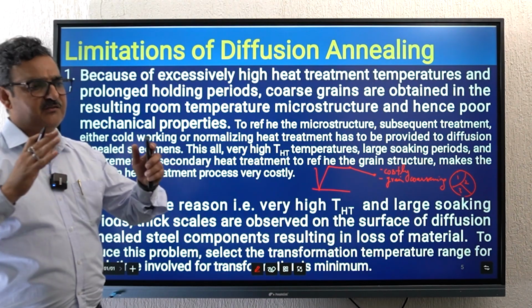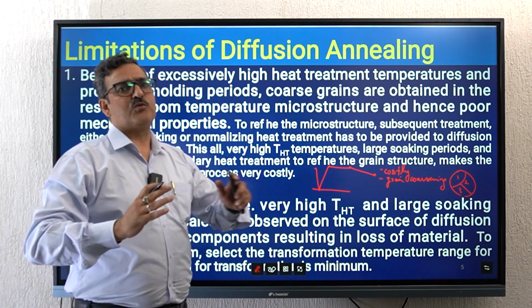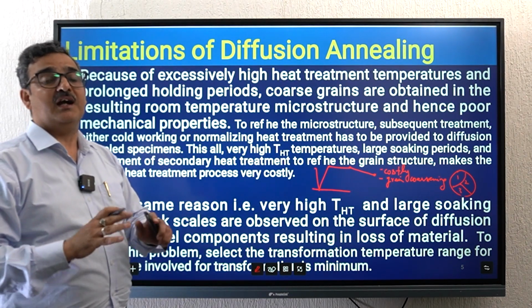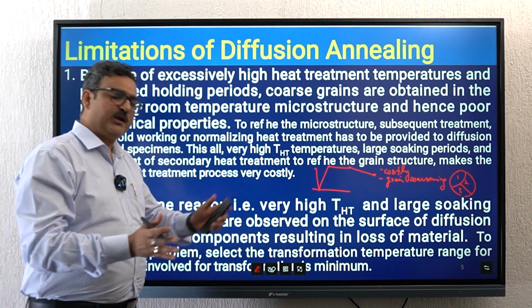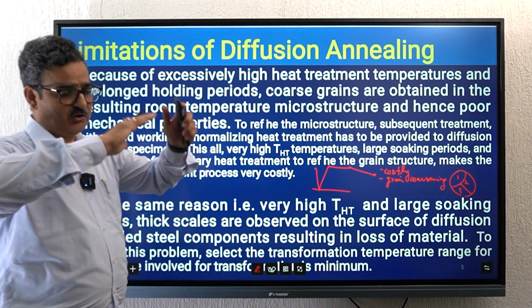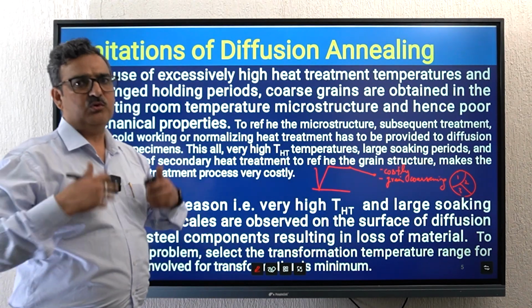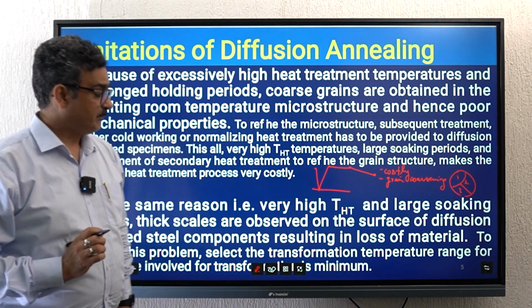So either you give plastic deformation to your steel, or you give a normalizing heat treatment to your steel which has received diffusion annealing. And why are you giving this second treatment? Coring got eliminated, but because of grain coarsening, the mechanical properties came down. To restore them, you again subject the steel to a subsequent treatment after diffusion annealing.